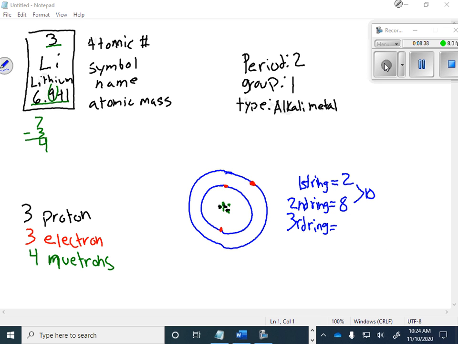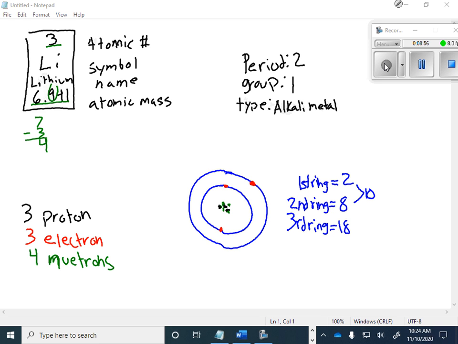I messed up on writing that. So it can have up to 18 electrons. And so on that third ring, you can write up to 18 different electrons. But remember, only go to however many electrons you actually have for your atom.